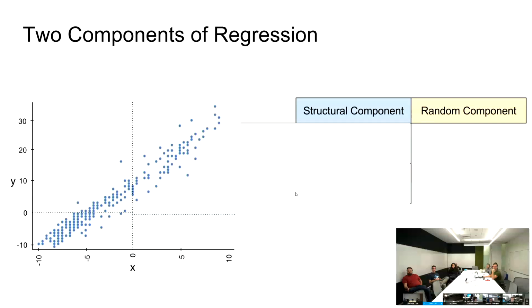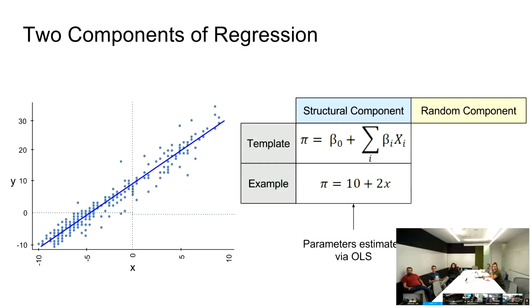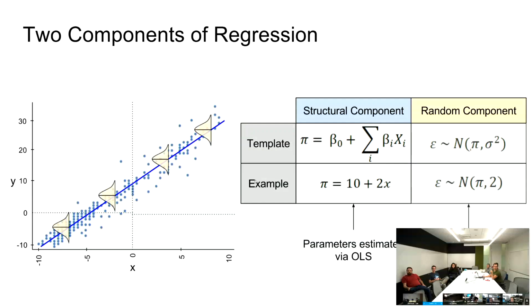Also, we talked about how regression has two components. You wouldn't know this by looking at Tableau, but regression does have two components. It has a structural component. This is the thing that's visible in Tableau. It's that line. But there's also a random component, which is that at each data point, we assume that the errors follow some probability distribution.